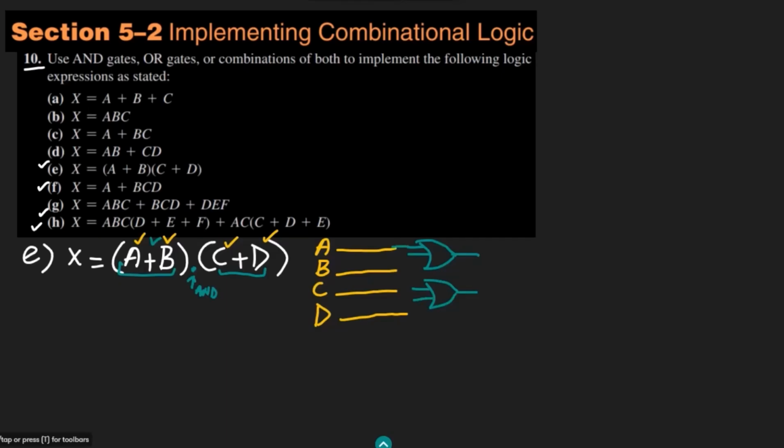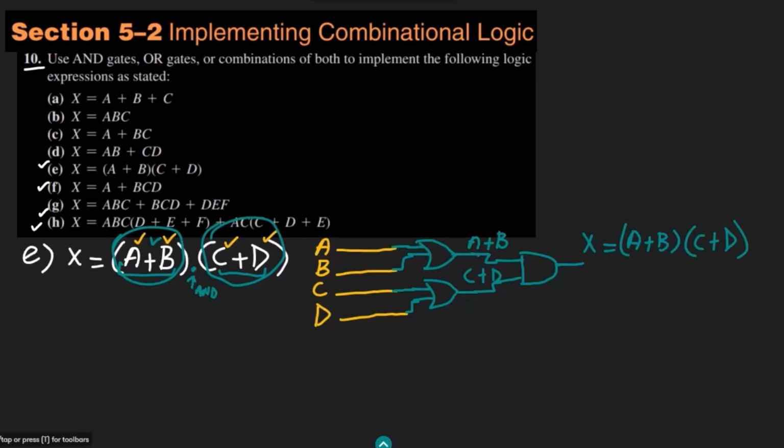To the first, A and B are given and the output of it will be A plus B. To the second, C and D are given and the output would be C plus D. When we have obtained A plus B and C plus D, these are ANDed together by using this AND gate and the output of it is X. The inputs given to it are A plus B multiplied by C plus D. Okay, so that is the solution of part E here.